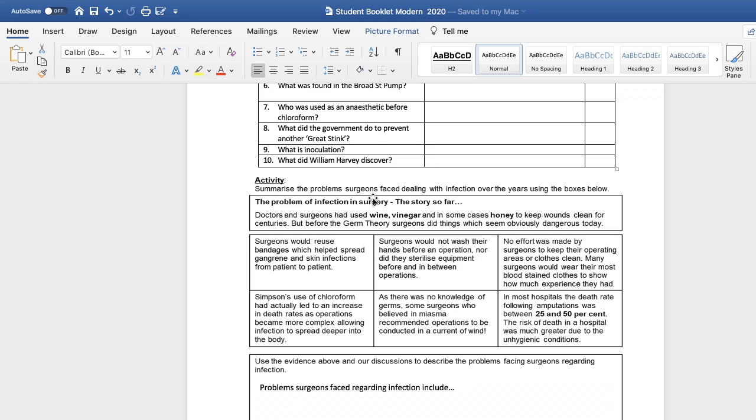Now, when you get a scrape or you hurt yourself, we've been taught we wipe it down. We make sure it's clean before we put a plaster or a bandage on. If you were to fall down in the playground, you would get up and clean it off. The point is you are cleaning off that wound because you do not want any bacteria that was, let's say, in the playground on the floor to infect your wound.